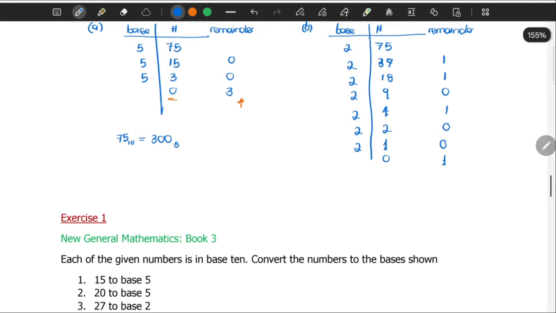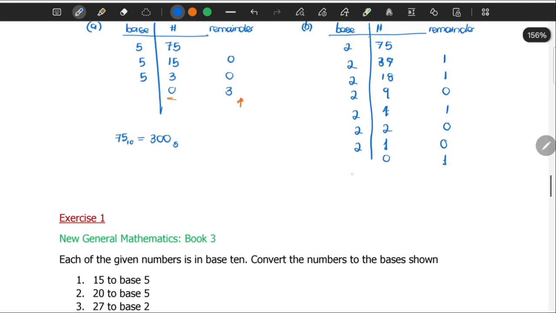So what that means is 75 to base 10 is also equal to 1001011 to base 2, because now we are reading from the bottom up.